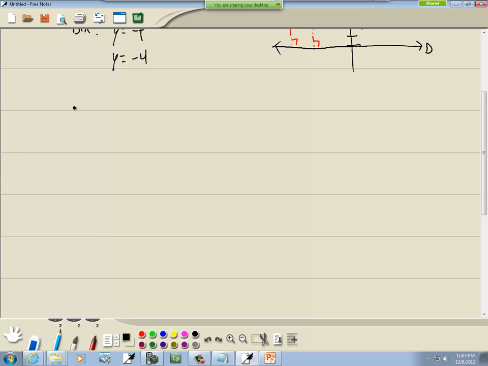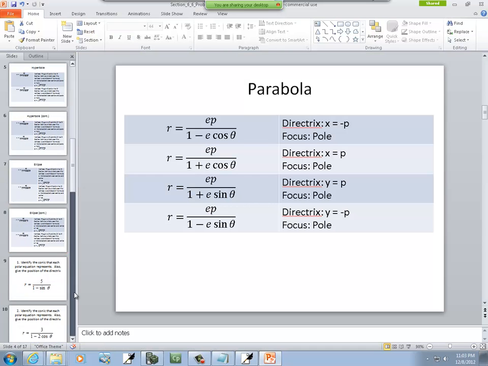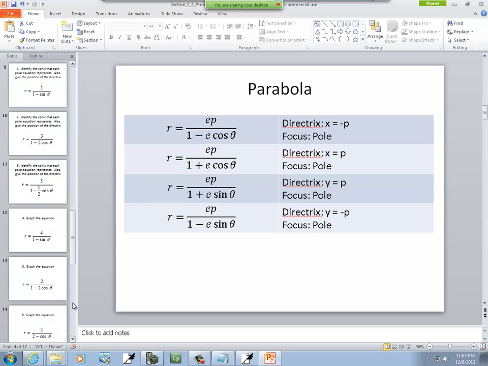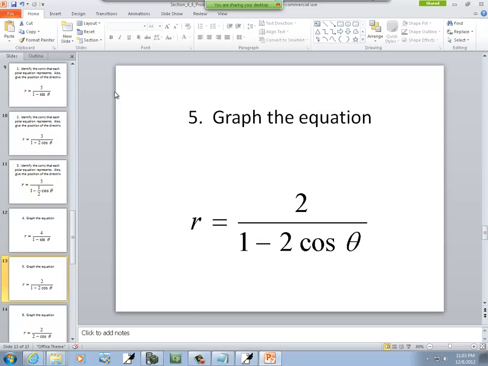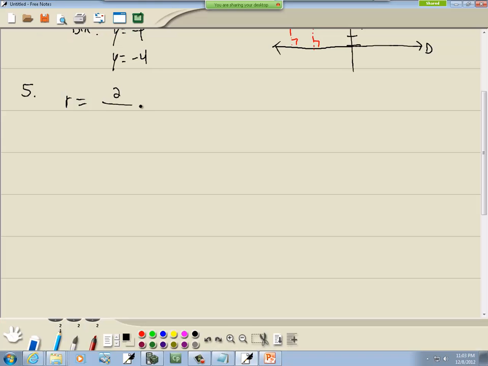Okay, let's look at our next one. We've got r equals 2 over 1 minus 2 cosine theta. Well, we have a 1 here, so that's in good form.